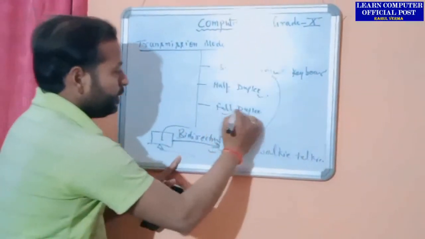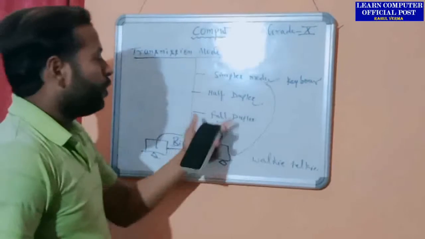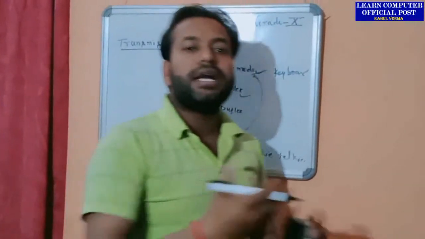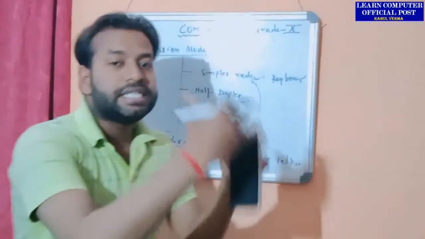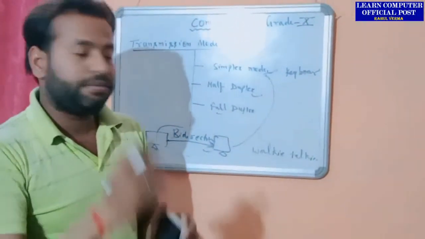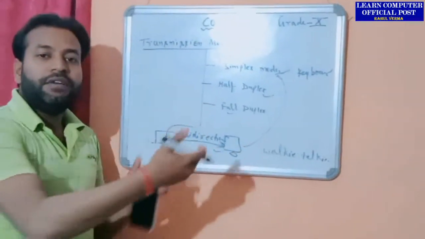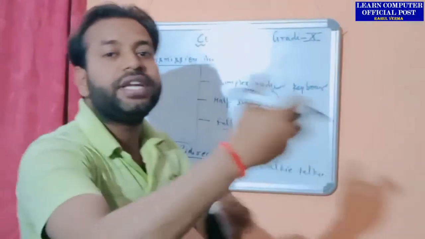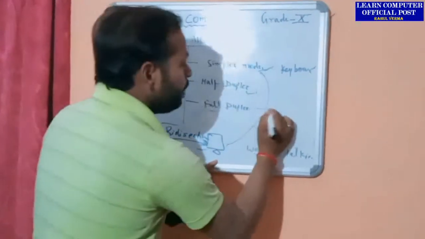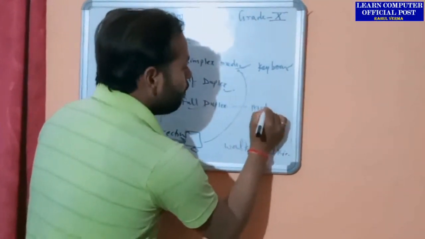Now the next point is full duplex. What is the concept of full duplex? Full duplex allows us to share data, sending and receiving at the same time. That means simultaneously we can send the data and also receive it. This is the concept of full duplex. A full duplex example is the mobile phone.